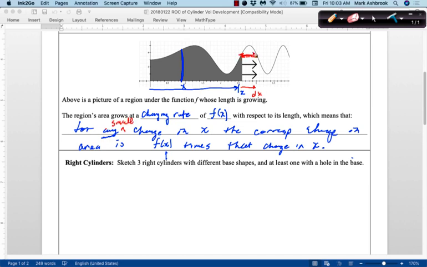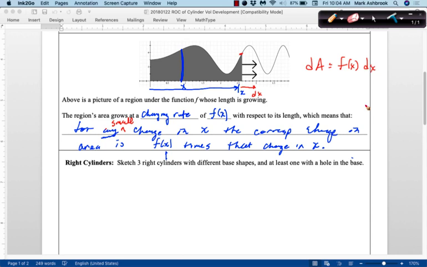If it's big, you won't get an accurate change in area. But if you have a small enough change in x, then we can suppose it's virtually constant right there, right? So we just say it's virtually a constant function right there, and we can do dA equals f of x dx.